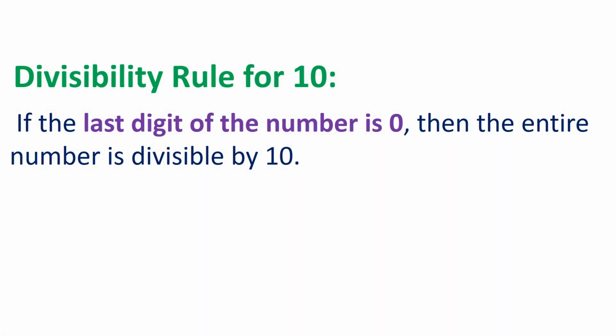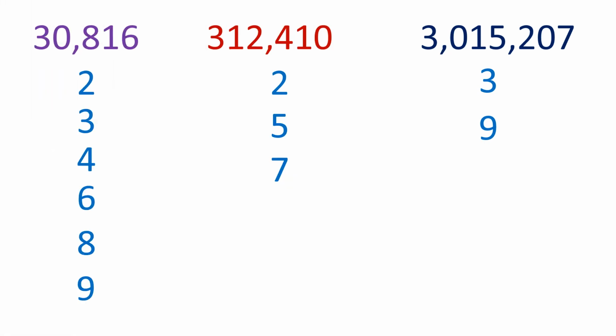Last, we want to know if the numbers are divisible by 10. The divisibility rule for 10 is if the last digit of the number is 0, then the entire number is divisible by 10. So let's apply it to our given numbers. The end digit must be 0.